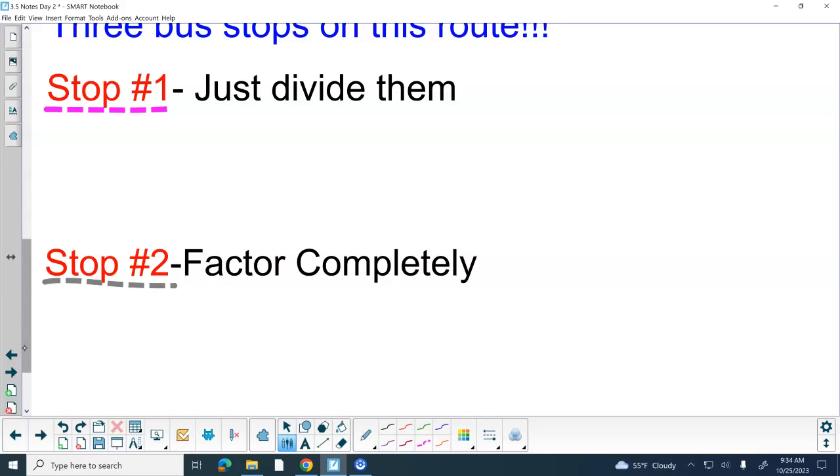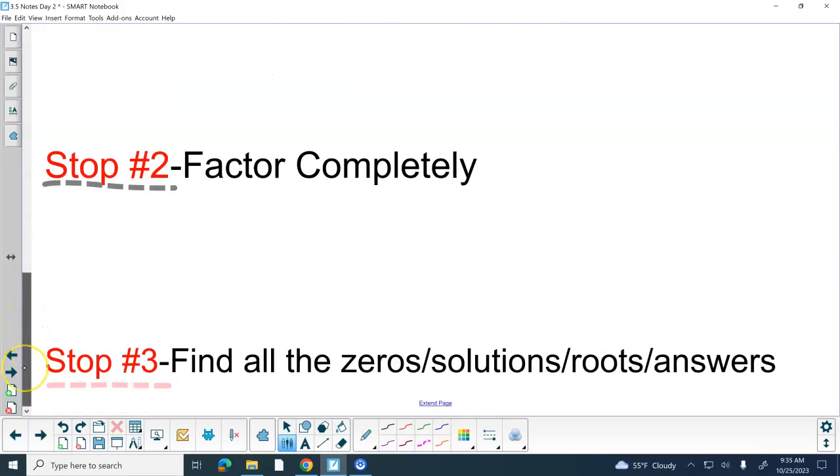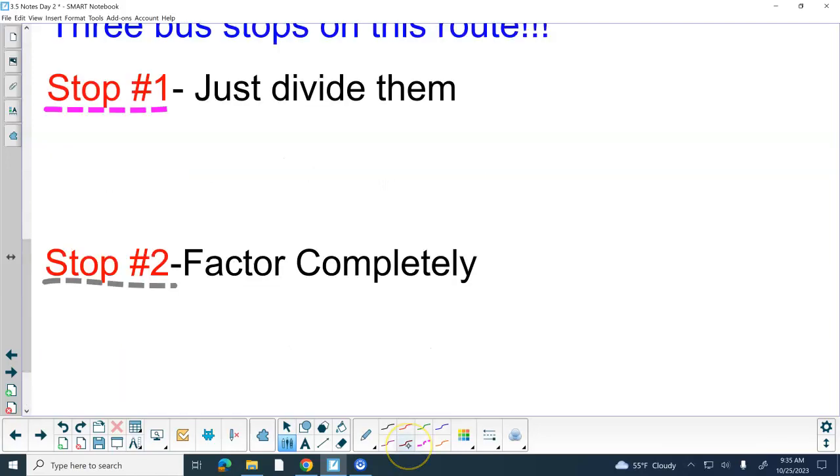And you will see the word solve usually for bus stop number 3. So you're looking for the division symbol or a fraction or the word divide for bus stop number 1.